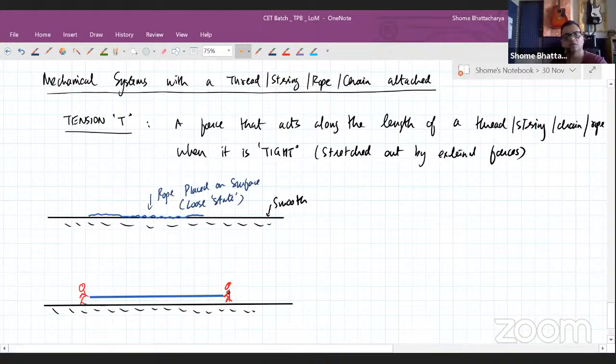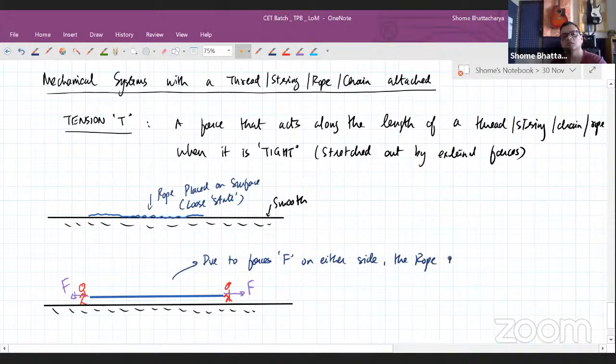So if two people are applying force along the chain like this or the rope like this, so now what is happening is, due to forces F on either side, the rope is now in a tight state.